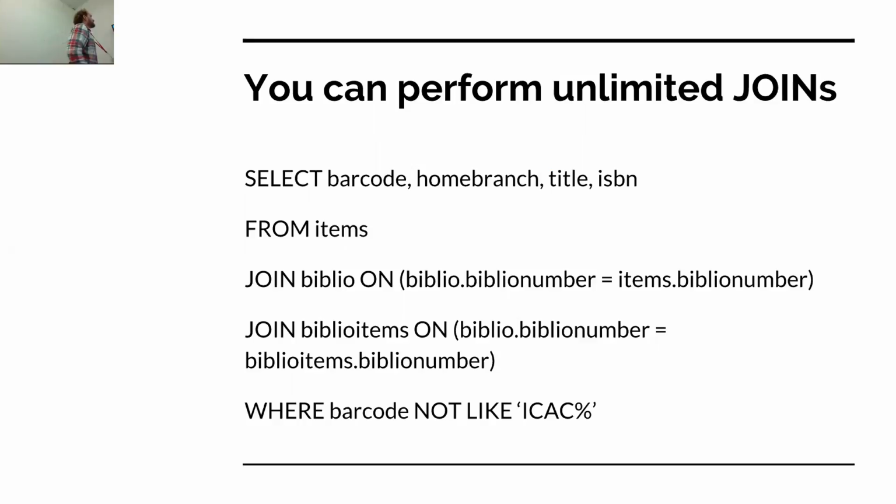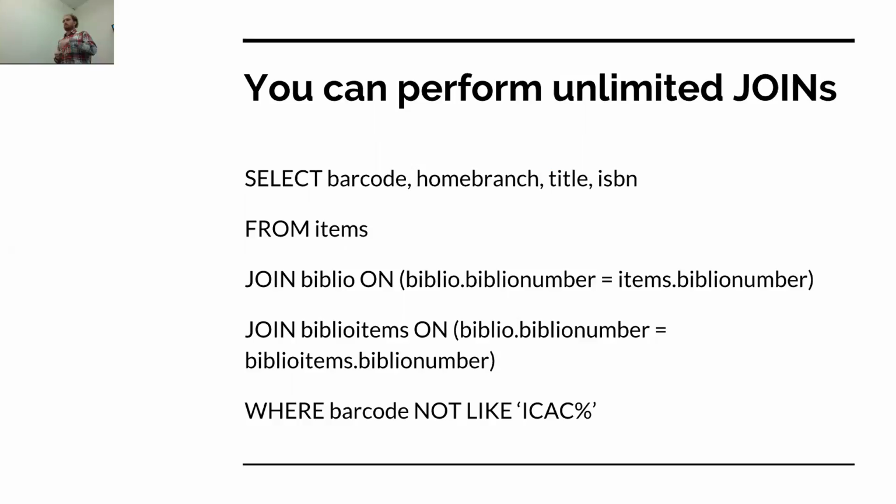And that's generally how it's going to work: from items, join biblio. Now we have to use these two tables in our join. Biblio, join biblio items. Generally, that's how it works. It's not always true, but it's a good principle.